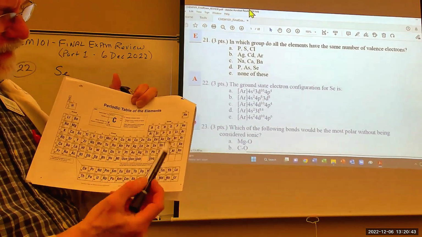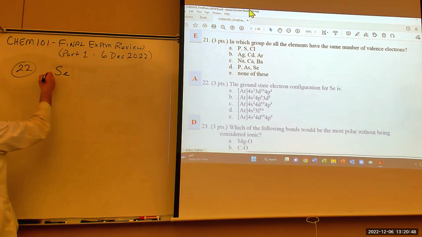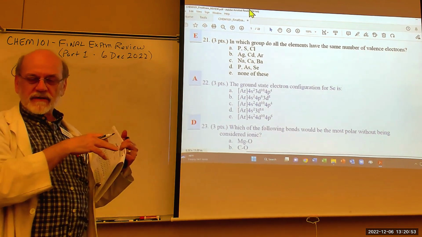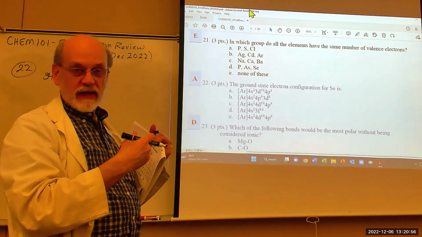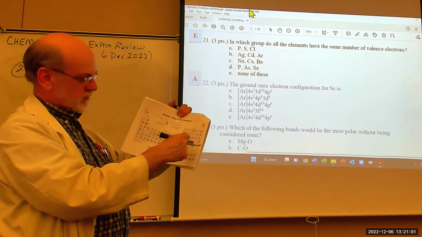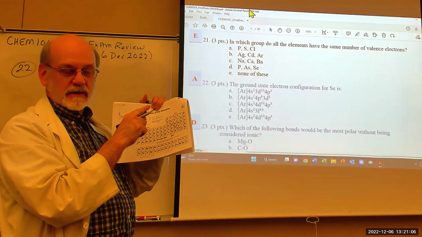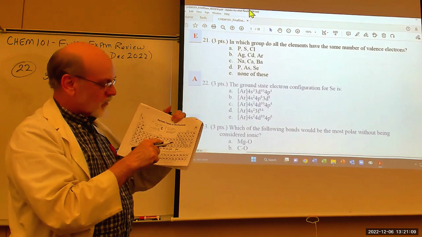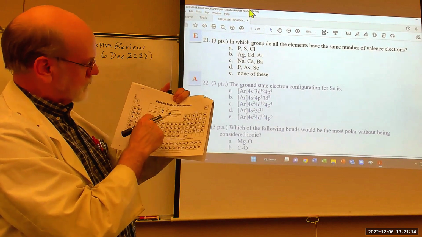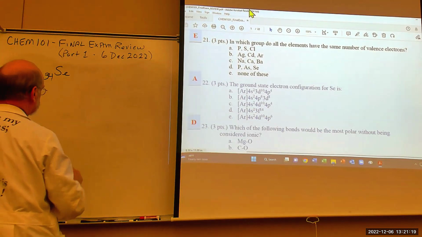Selenium has 34 protons, which means the neutral atom has 34 electrons. But notice the answers. This is the abbreviated shorthand. Go backwards across the table until you wrap around and find the nearest noble gas. So if we go from selenium backwards across to potassium and then wrap back up to period number 3, we get to argon with 18 electrons.